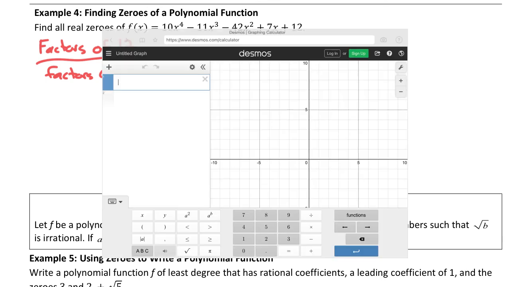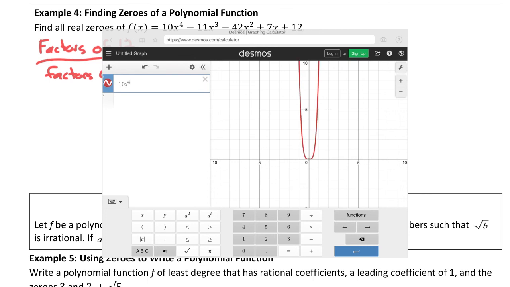I would like you to be able to graph this, and I'll make this show up. But what we're going to do is we are going to graph this polynomial, okay? And it's going to take me a bit because I'm doing this by kind of hand here.